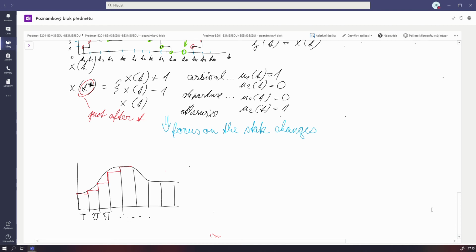And this is called a system which is synchronized by clock.